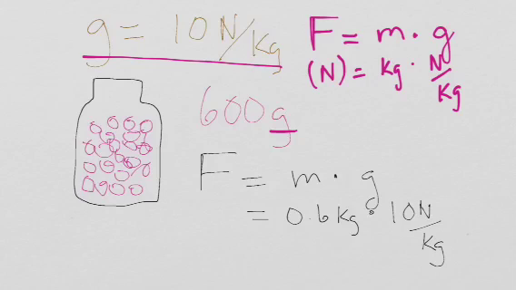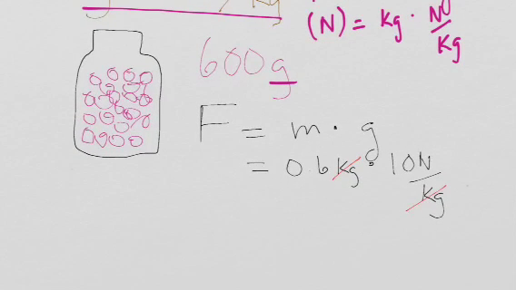And just like fractions, if it's in the numerator and it's multiplied by something in the denominator, they cancel out, which is great because what unit am I looking for? Oh, and that's all I'm left with because forces are measured in newtons. So what is 0.6 times 10? 6. 6 newtons. So Miss Dworzak's peppermints have a weight of 6 newtons.